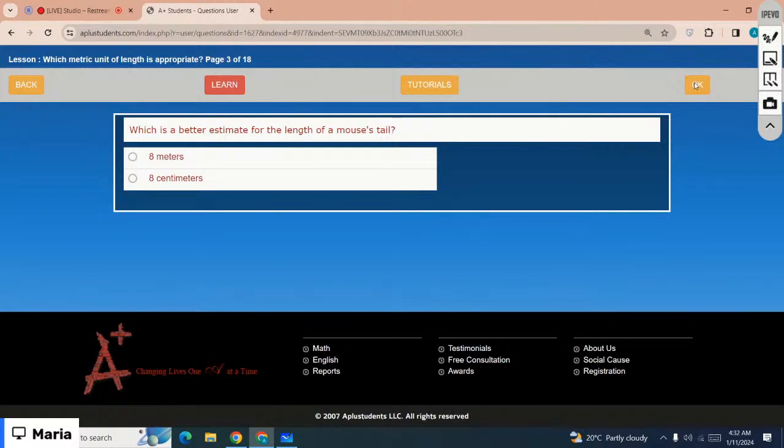Which is a better estimate for the length of a mouse tail, 8 meters or 8 centimeters? That is the mouse tail, right? I think it must be 8 centimeters because 8 meters is too long for just a mouse tail, right?